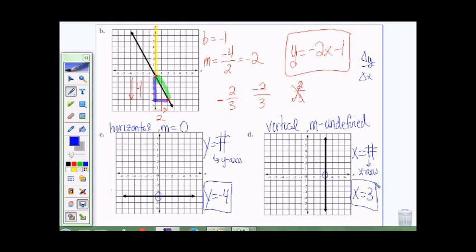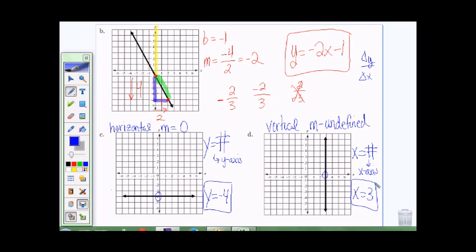On any future test, if this question comes up, like on an SAT or ACT or whatever, or any test in the future, and it's multiple choice, and one says it could be undefined, and the other one says x equals 3, which one would you put? It depends on the question they're asking you.